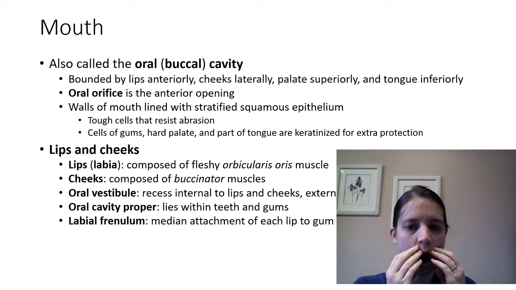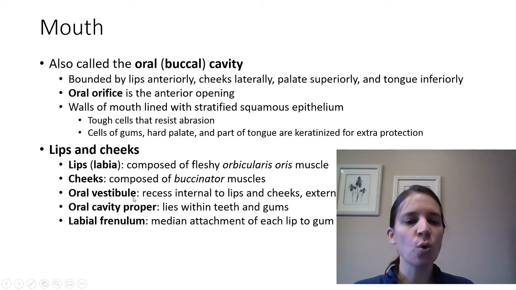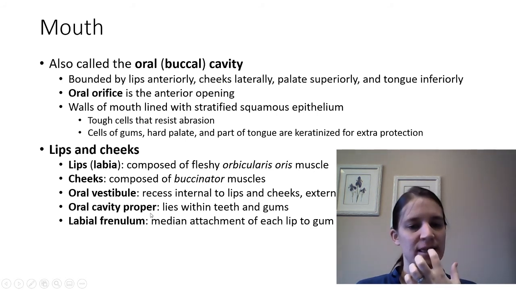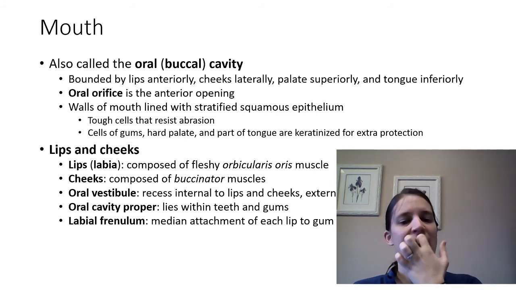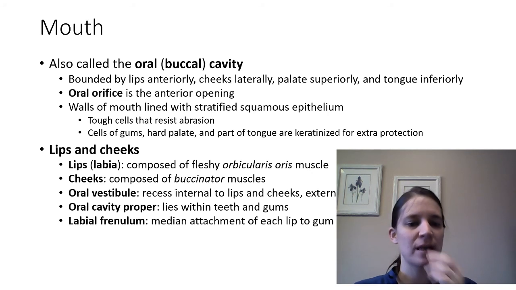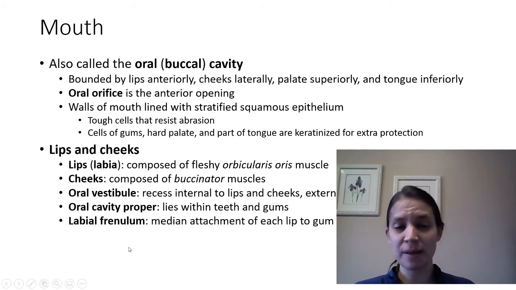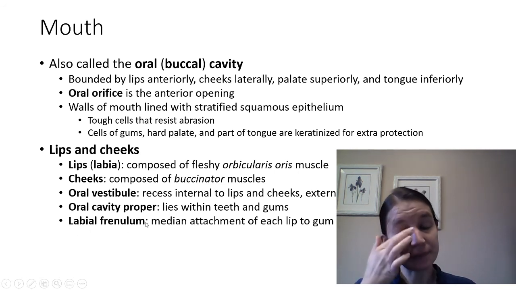You've got oral vestibules, which if you want to pack food in because you don't want to swallow it because you're like 2 or something, go for it. The oral cavity proper is the part that's back behind your teeth and gums, the inside part of your mouth. And then, I don't know if this is creepy, but the part that attaches your lip to your gum is called your frenulum, or labial frenulum, so frenulum of the lip.